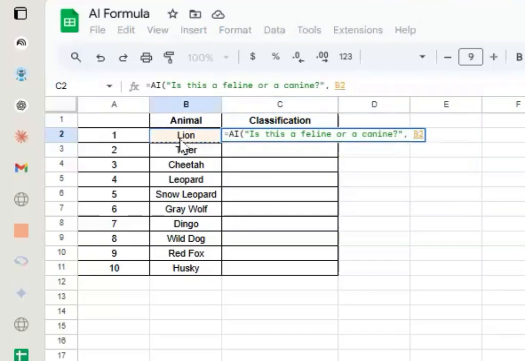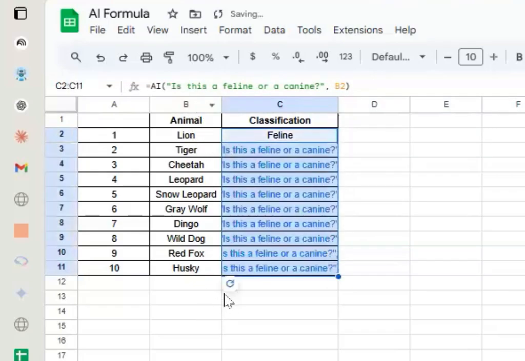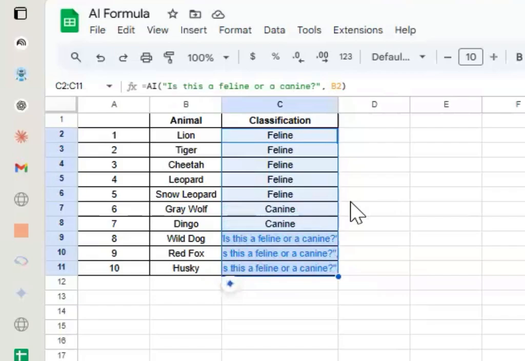I choose the range. And what I'll do is I'll go ahead and include all. You saw it generated feline. Now I can include the whole list, insert using Gemini. And now, as quick as that, I have classifications for everything in that list.